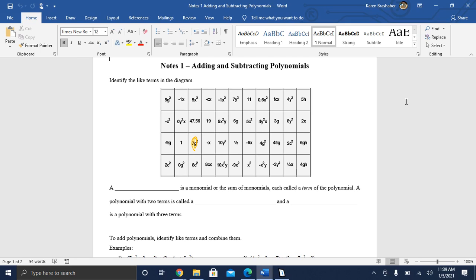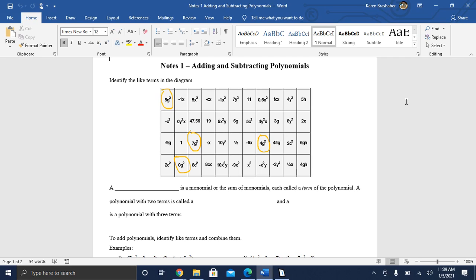I think I'm just going to circle it. 7g to the second is a like term with 5g to the second. Continuing on in that third row, I see 4g to the second. That is also a like term. In my last row, I see 0g to the second, and I believe that is it. And then we can go on.